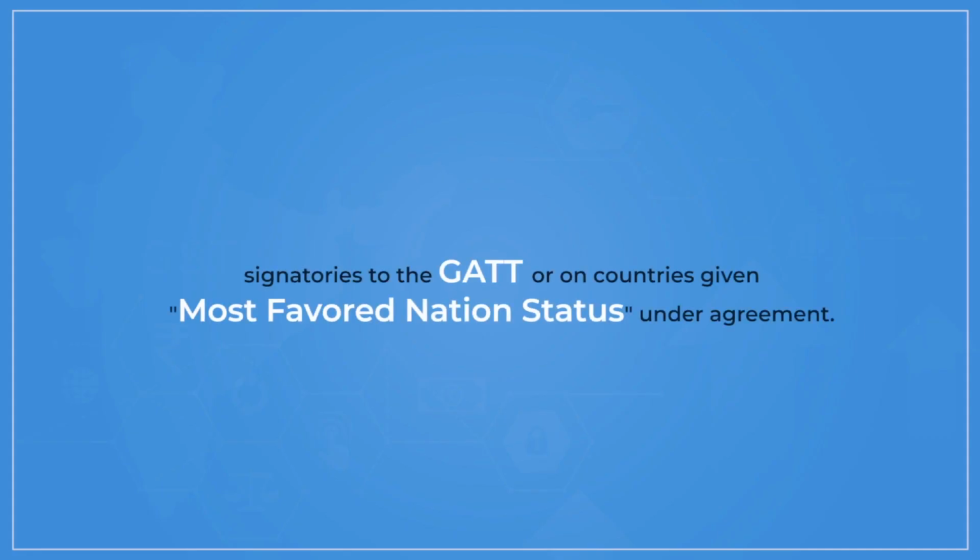In order to prevent dumping, the central government may levy additional duty equal to the margin of dumping on such articles. However, there are certain restrictions on imposing dumping duties in the case of countries which are signatories to the GATT or countries given most favored nation status under agreement.